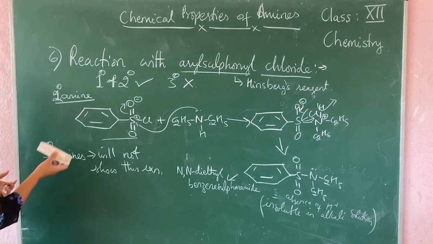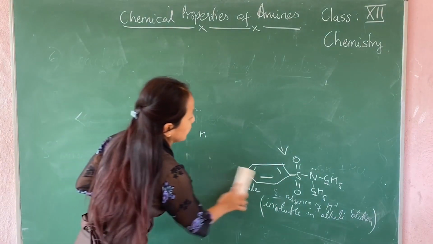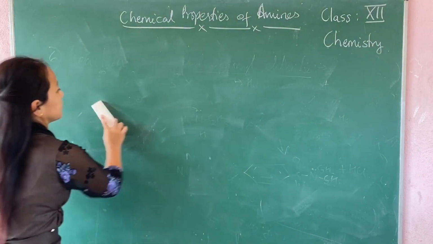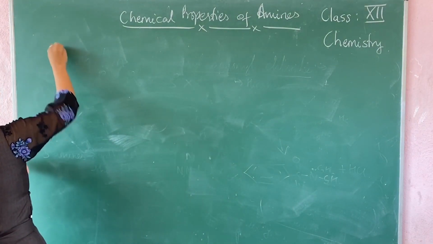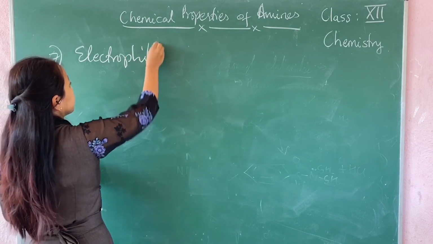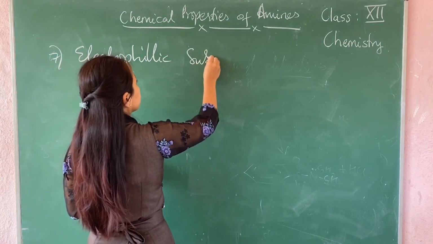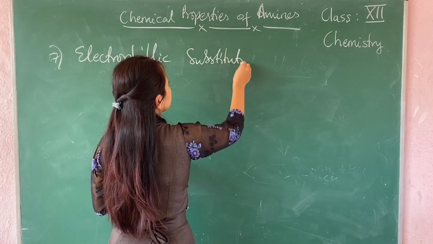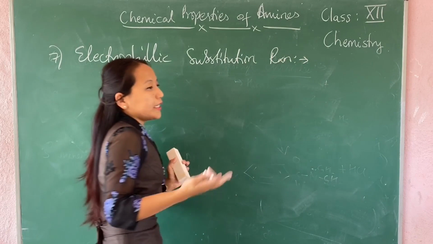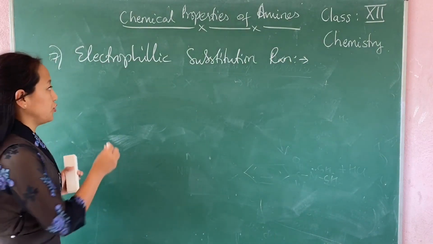Okay, then the next chemical property is the seventh one, that is electrophilic substitution reaction. Aniline undergoes electrophilic substitution reaction.